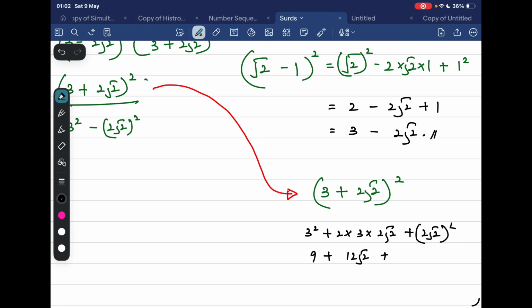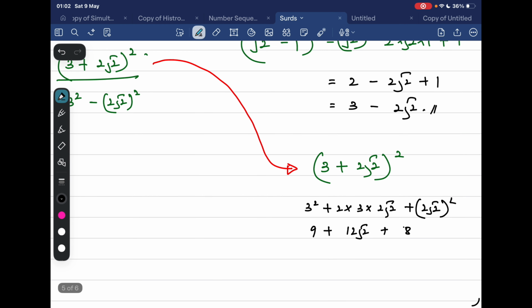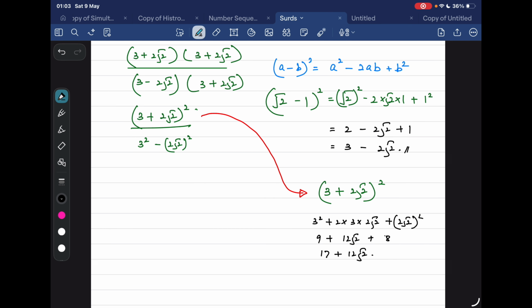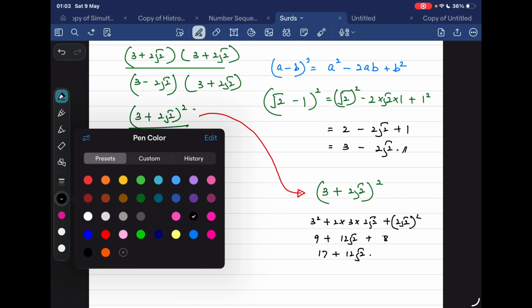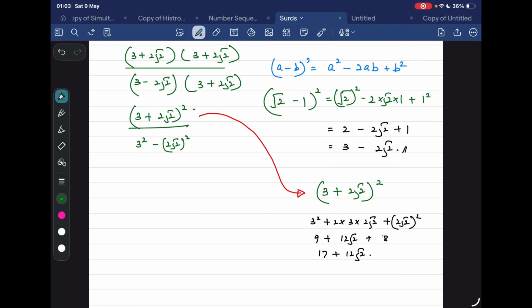Here 4 and 2 is 8. Here should be 8. And 9 plus 8, here 17 plus 12 root 2. So this is the expansion of the numerator. It should be 17 plus 12 root 2.